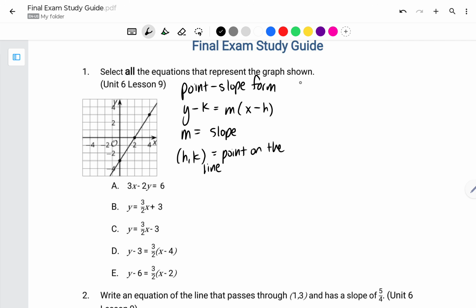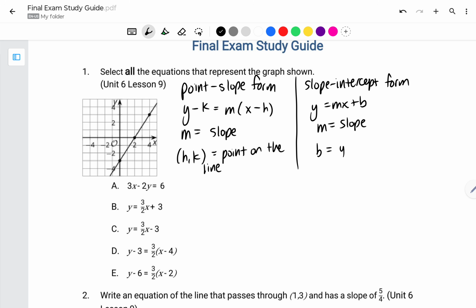And then we have what's the other one? Slope intercept, where it's y equals mx plus b, where m is the slope again, and then b is the y-intercept.